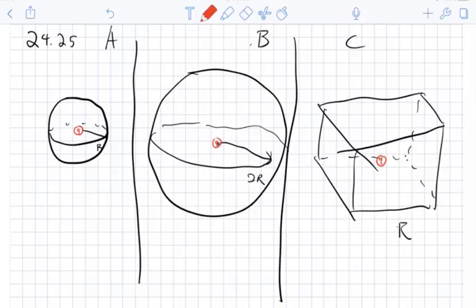Okay. Assuming there are no other charged objects inside any of the closed surfaces, rank the surfaces according to the electric field lines flux through them, largest first. Alright, so when we're talking about flux, what are we saying?